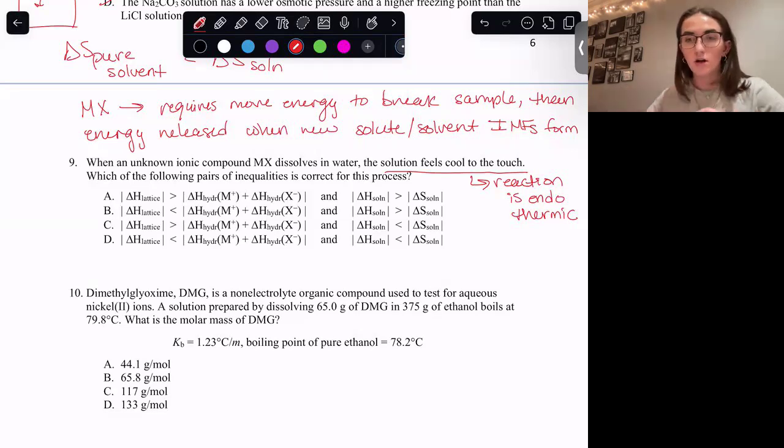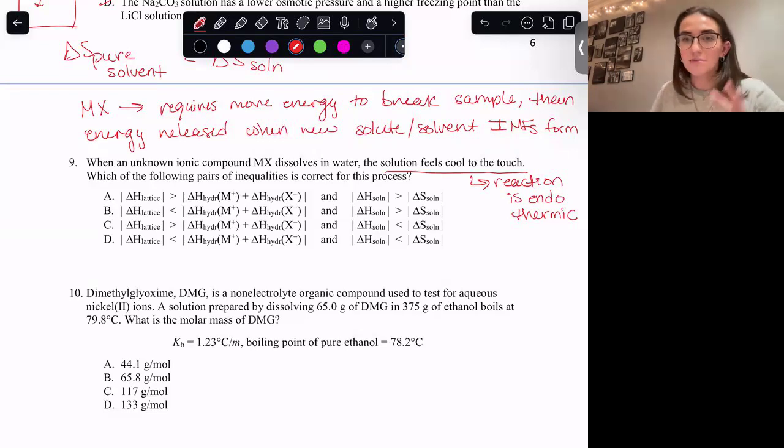Usually, when a solution forms, there's enough of that energy released to make it an exothermic reaction, and the solution feels hot. But that doesn't always happen. Sometimes it requires more energy to break that bond in the first place than it does once the dissolving actually happens. And that's what we see here.